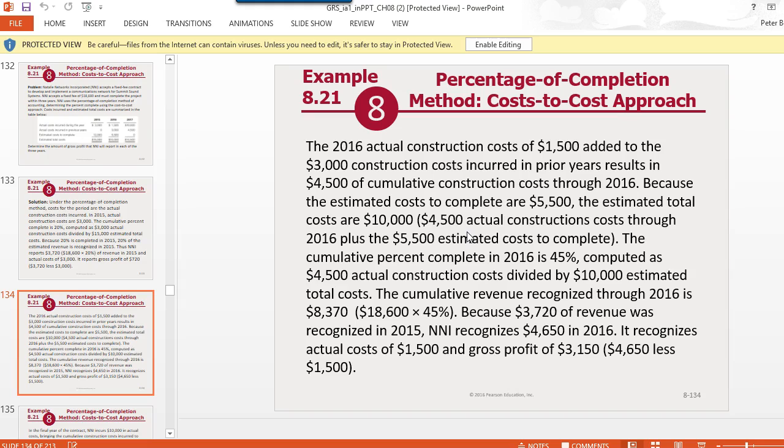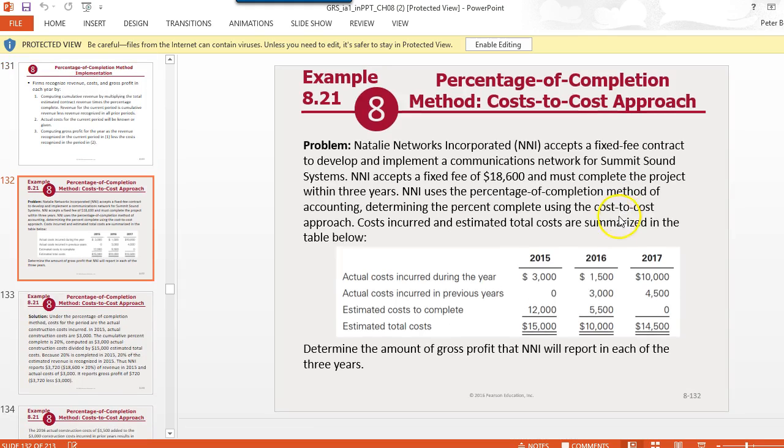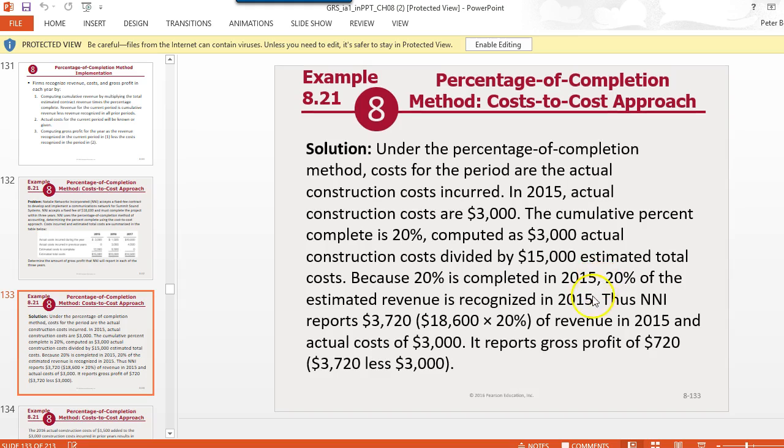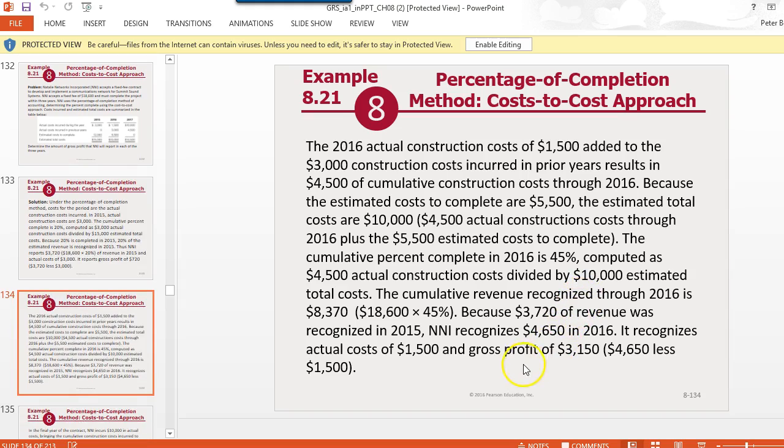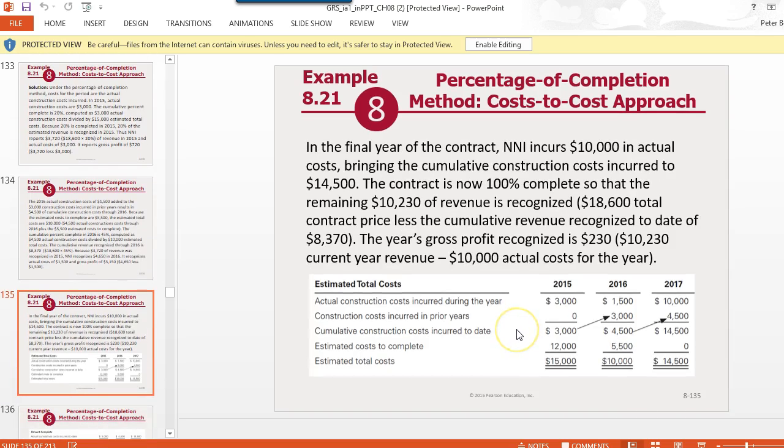We'd be double counting. Simply take the 8,370 and subtract the 3,720. The difference is 4,650, and that's the revenue you would recognize. The actual costs are right in the problem at 1,500. Our gross profit is the difference between the 4,650 less the 1,500, which gives us 3,150, and that would be debited to the CIP account.